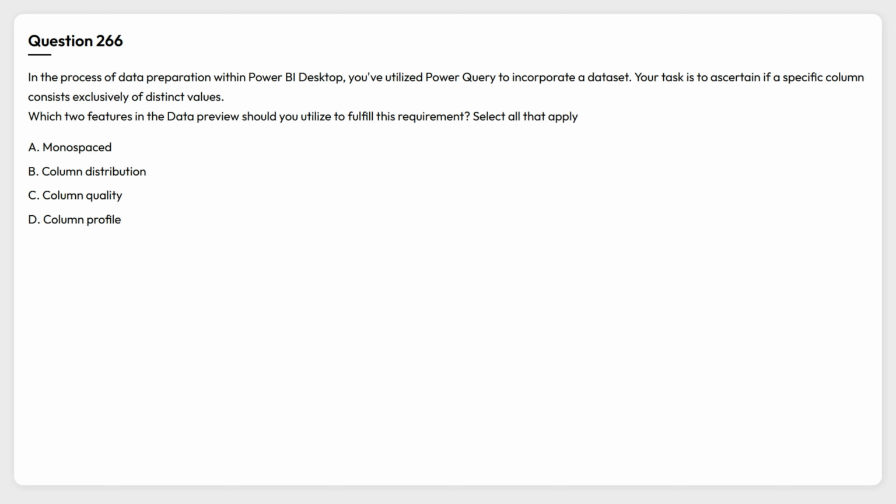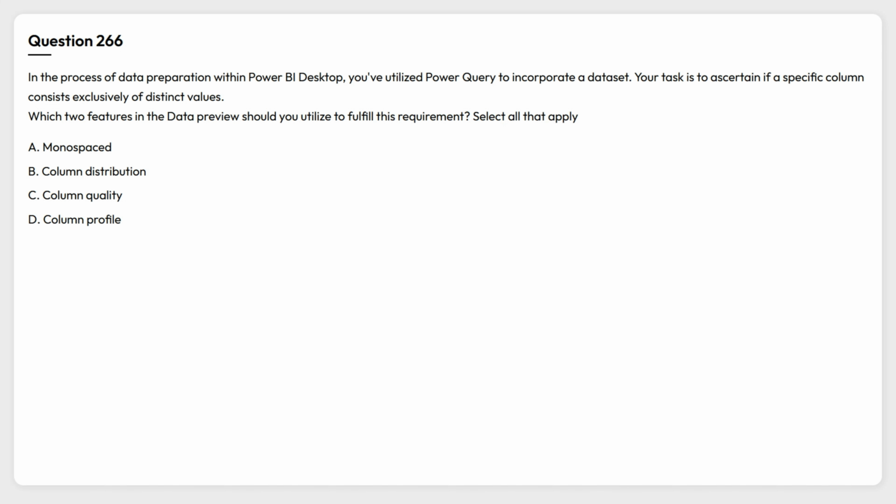Question number 266. In the process of data preparation with Power BI Desktop, you have utilized Power Query to incorporate a dataset. Your task is to ascertain if a specific column consists exclusively of distinct values.